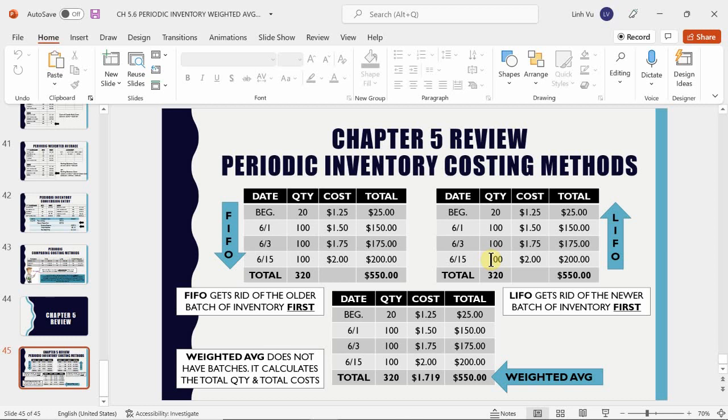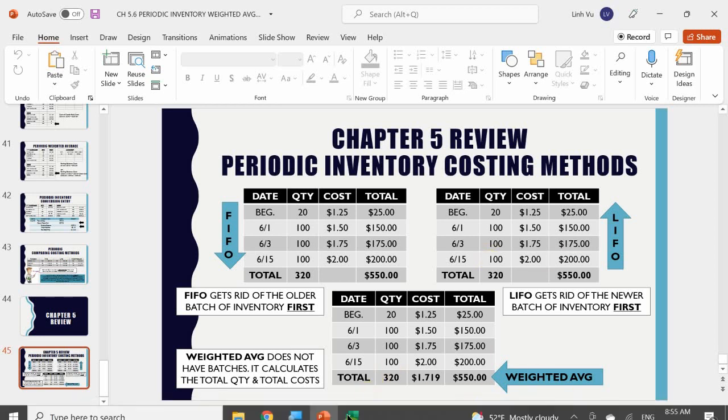But a lot of students who want to do this a lot quicker find that solving for ending inventory is significantly quicker, but you have to understand the concept. If you're using LIFO, that means you're going to be selling your last ones first, so your ending inventory should be part of the first couple of batches that you purchased.